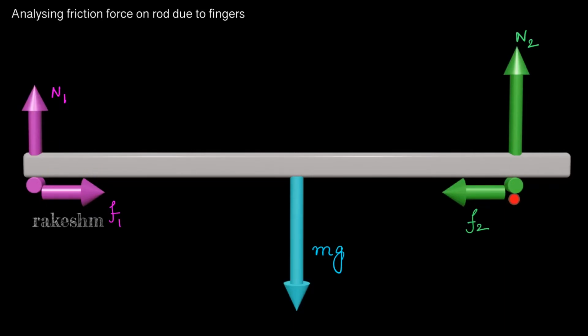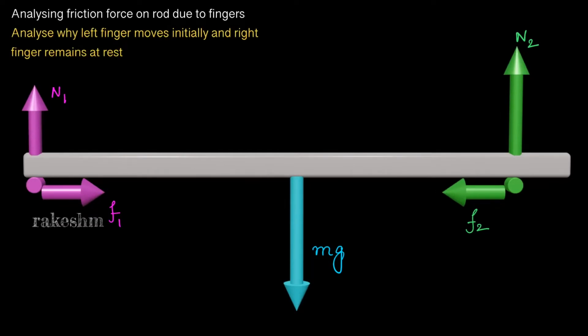Similarly, this finger is moving in this direction and the friction on this finger will be towards right, and due to this finger on the rod will be towards left.